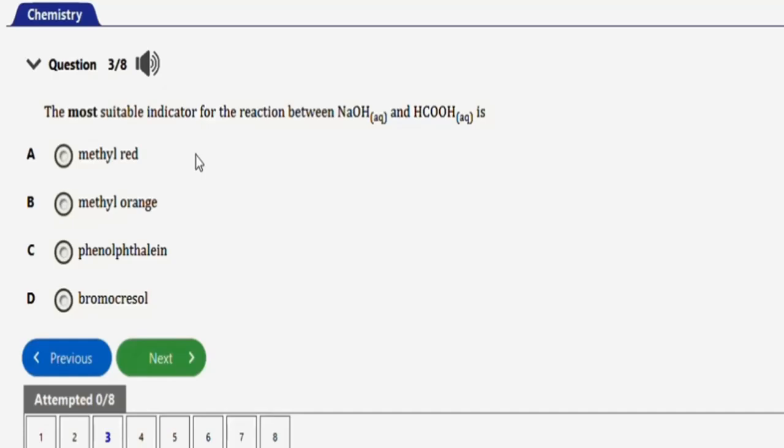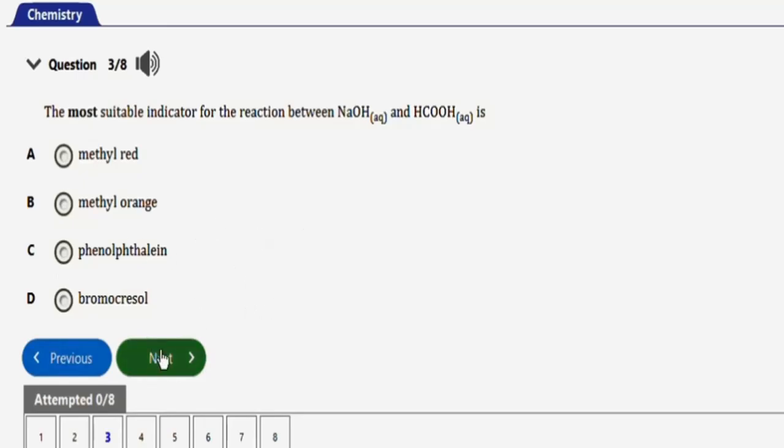So when a weak base reacts with a strong acid, the suitable indicator will be methyl orange. But when a strong base reacts with a weak acid, the suitable indicator will be phenolphthalein. Very important. So that's it for this question. The right option here is option C, because a strong base is reacting with a weak acid. All right, so that's it for this question.